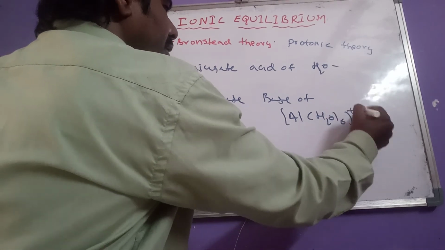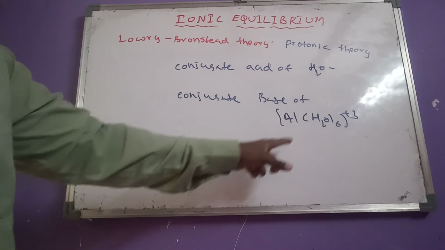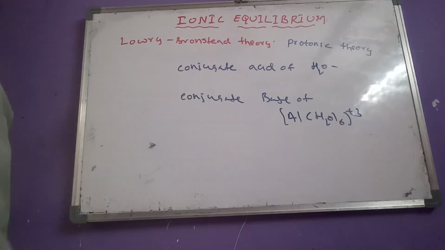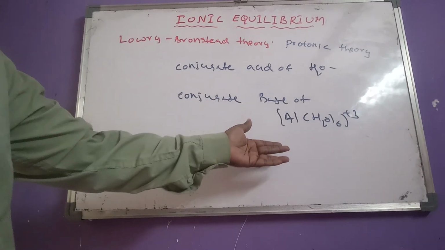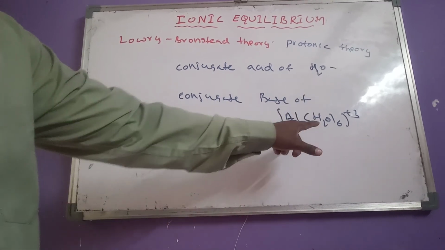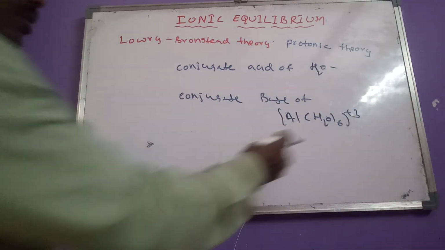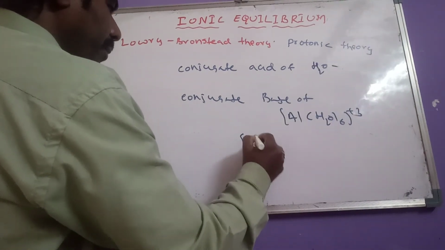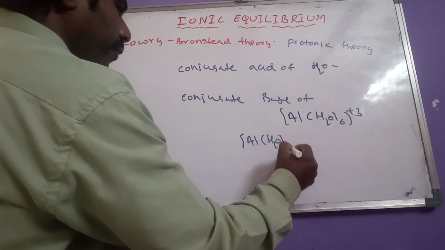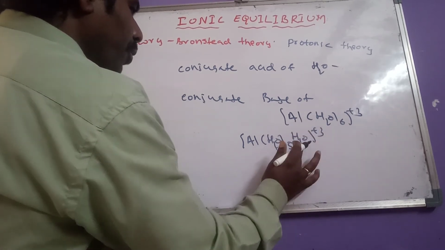And another important one here, what is the conjugate base of [Al(H2O)6]3+? I give one question here. What is the conjugate base of [Al(H2O)6]3+? Conjugate base is the question means this should act as an acid. Acid means it has to donate which one? Proton. So now take one water molecule out and remaining 5 I am writing here. From that H2O, remove one H plus.